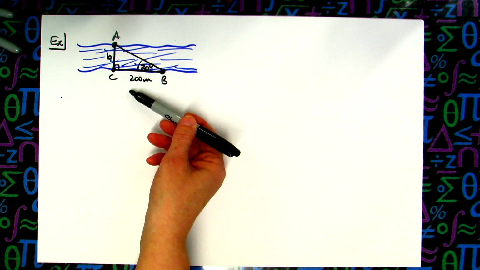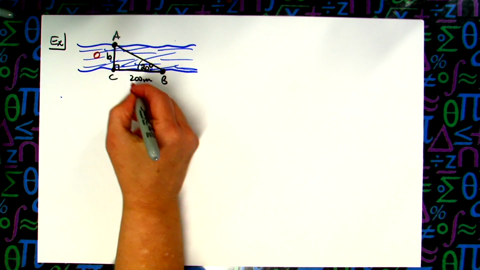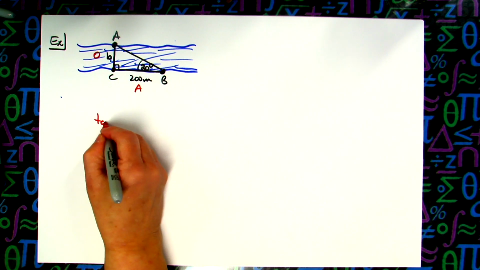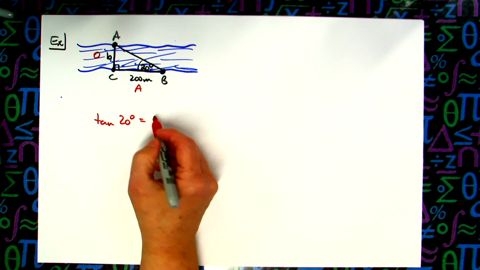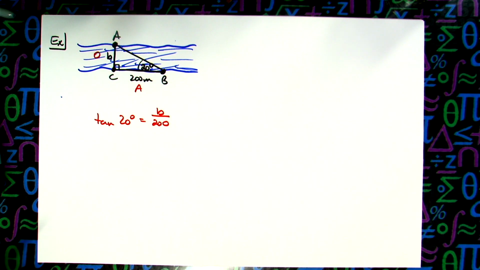And what's this side over here? Adjacent. So I've got my opposite side. I've got my adjacent side. Which trig function is opposite over adjacent? Tangent. So I've got tangent of 20 degrees is opposite over adjacent, which was the width over 200. So then there's your equation.